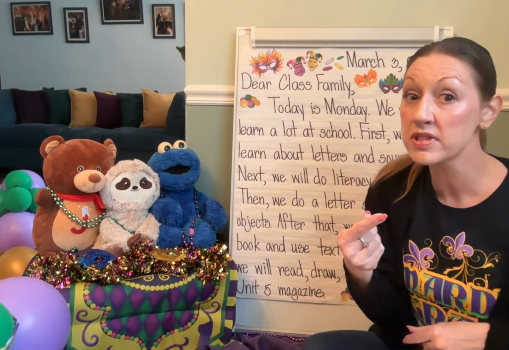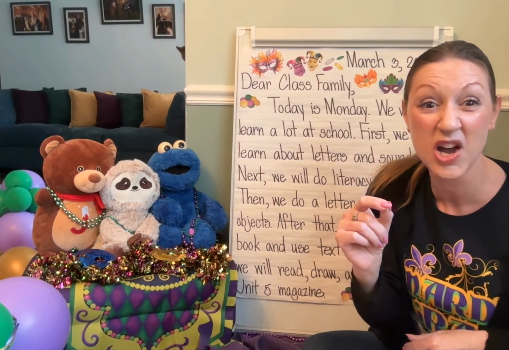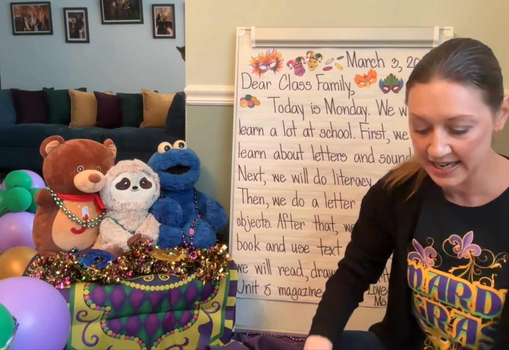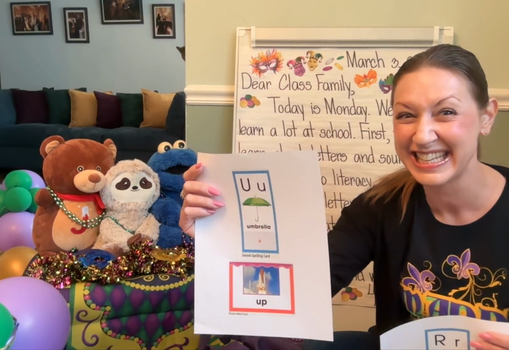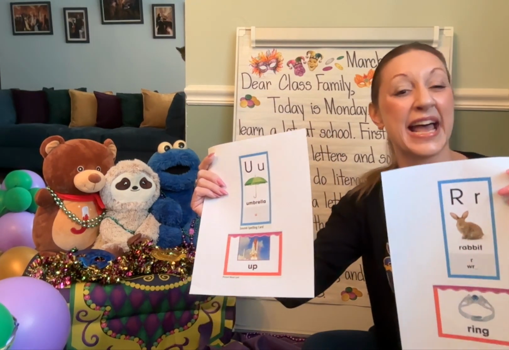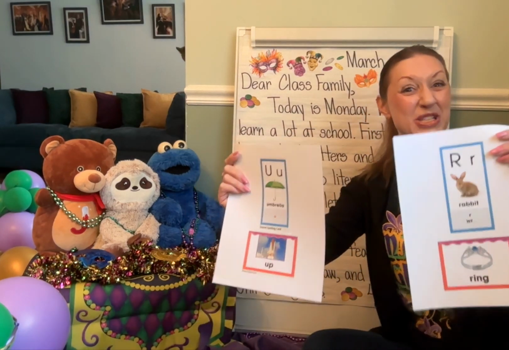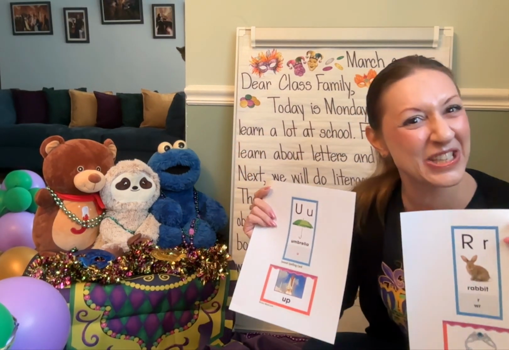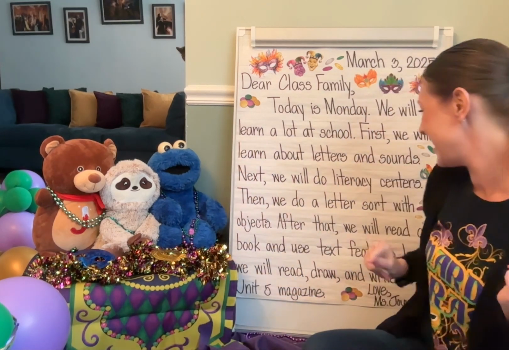We're going to say what that object is. We're going to look at it to know, and we're going to say it out loud and listen for that beginning sound. If it starts with U, we'll put it in the container with U objects, and if it starts with R, we'll put it in the container with that. So we're going to be doing a letter sort today at school in kindergarten.